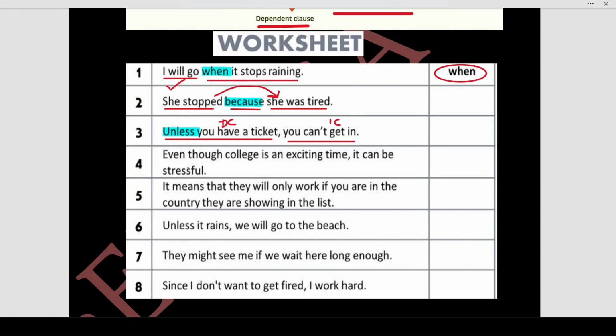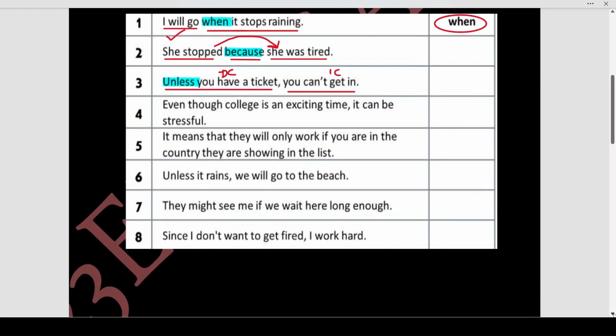Okay, now let us go to the fourth one and try to identify which is the dependent clause, which is the independent clause and which is the subordinating conjunction. Even though college is an exciting time, comma, it can be stressful. Now, it can be stressful is making sense on its own, so it is an independent clause. But even though college is an exciting time, what next? What meaning does it convey? Even though college is an exciting time, do I enjoy it or do I not enjoy it?